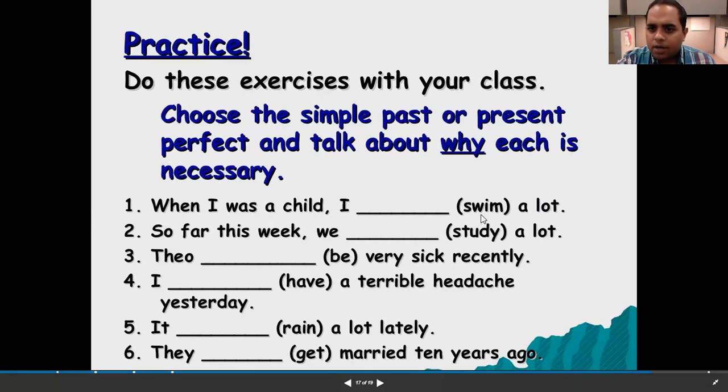What is the correct answer? Number one is simple past because it says when I was a child. This is the time reference. So we say when I was a child, what's the simple past of swim? Swam. So number one is swam.